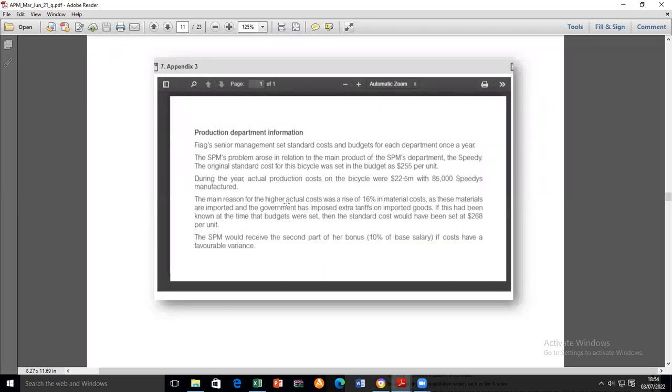The main reason for the higher actual cost was a rise of 16% in material cost, as these materials are imported. 268, 255.